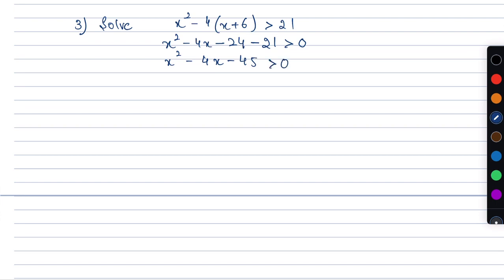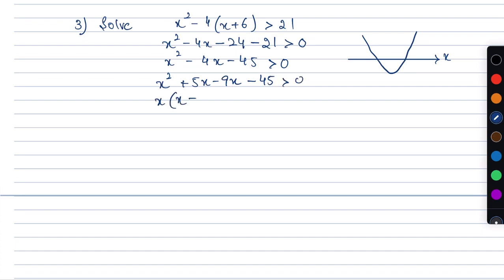Again, I can see that the coefficient of x squared is positive. Therefore, I should be having a curve with a minimum turning point, and then the next thing is to find the two x-intercepts. So to find the x-intercepts, factorize the equation, and you can say it is x squared plus 5x minus 9x minus 45 to be greater than 0.